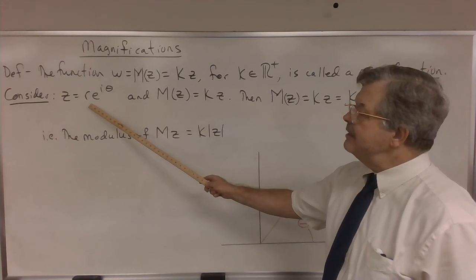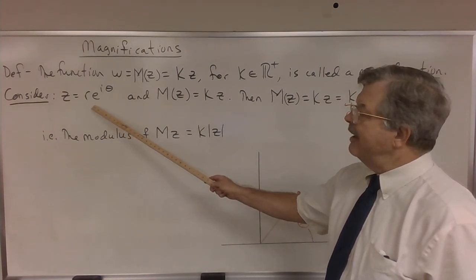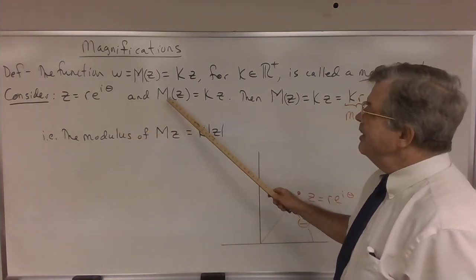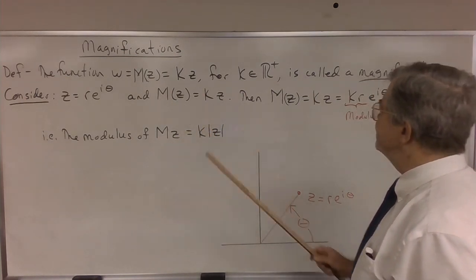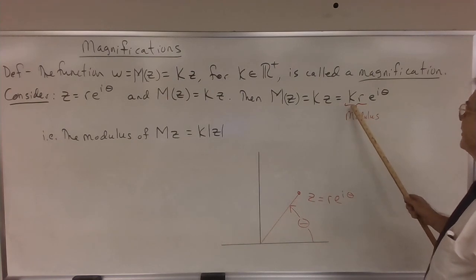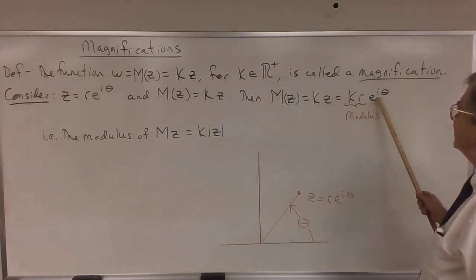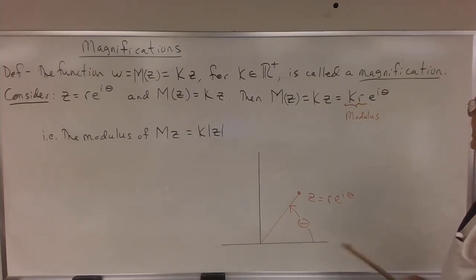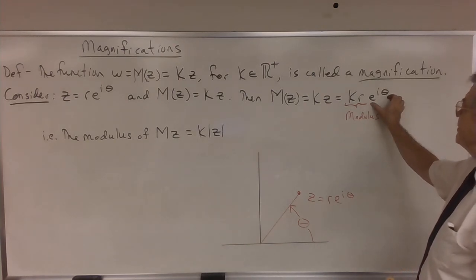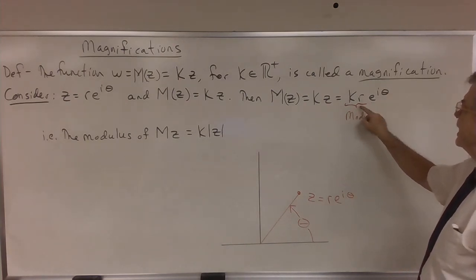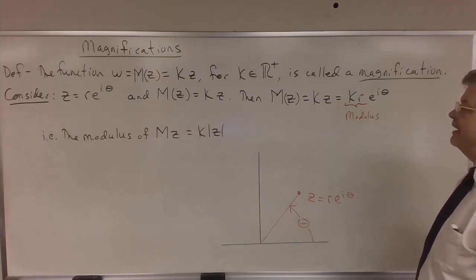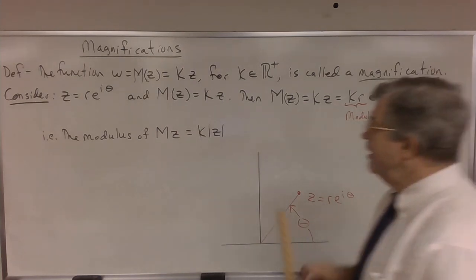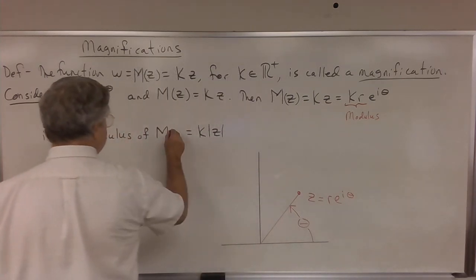So if we have z in polar form, z equals r e to the i theta, then m evaluated at z is kz, which turns out to be k r e to the i theta. And what is it that's multiplied by e to the i theta? kr. So k times r is the modulus of m evaluated at z.